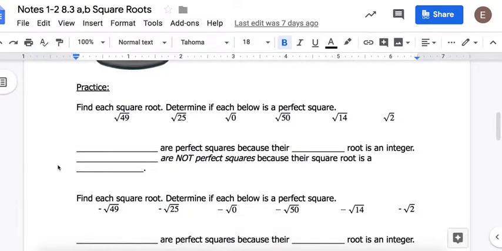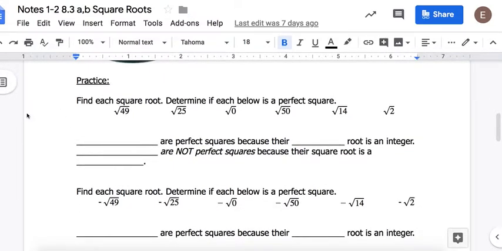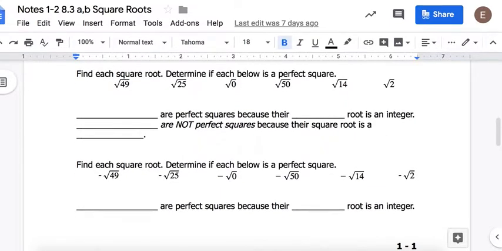So it says find each square root, determine if each is a perfect square. So the square root of 49 would be 7 because 7 times 7 is 49. The square root of 25 is 5 because 5 times 5 is 25.